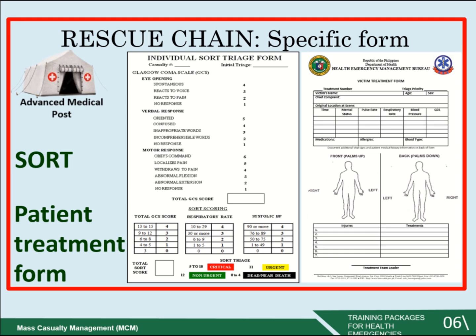The only request is for you to fill up as much detail as you possibly can for ease of endorsement and better continuity of care. The SORT triage form is straightforward and also categorizes patient prioritization inside the AMP. GCS or Glasgow Coma Scale, the respiratory rate, and the systolic blood pressure are the main ingredients in accomplishing the SORT form.